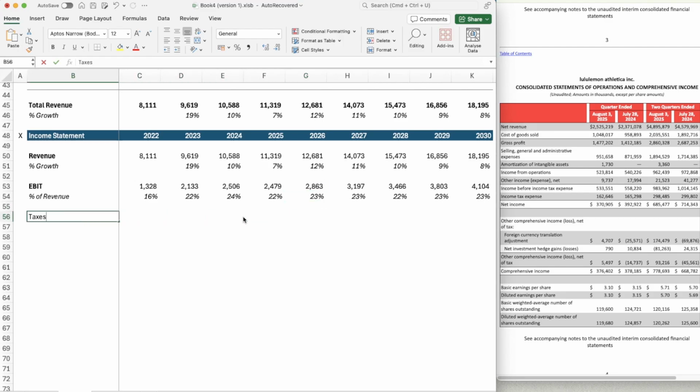And then when we're actually building the DCF section, that's when we make it more dynamic.